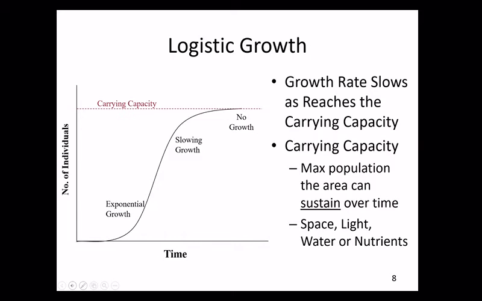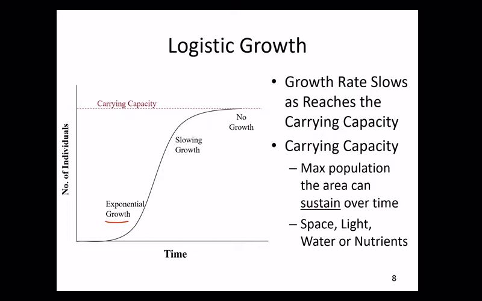So we see three different phases in a logistic growth curve. The first is exponential growth. When a new population is introduced into an area, there are no limitations on its ability to reproduce, its ability to find food or other resources. And so initially it's going to be just an exponential growth.